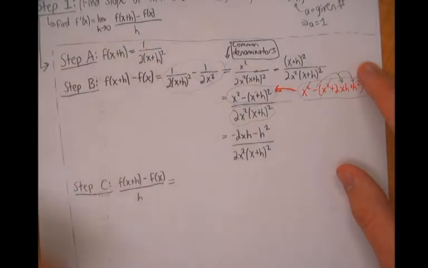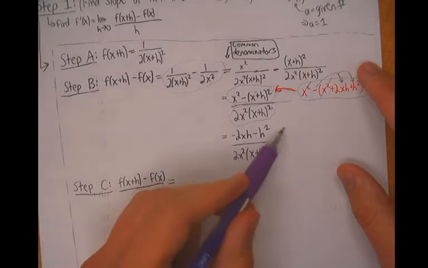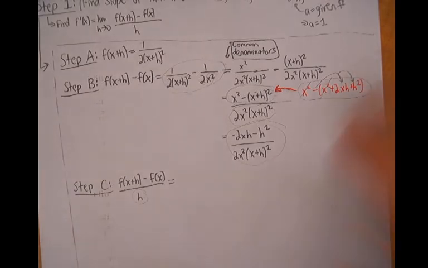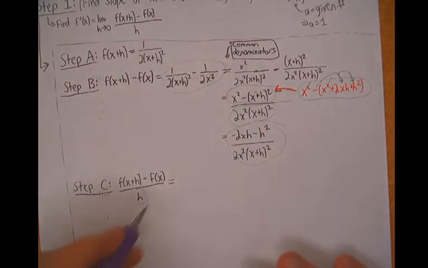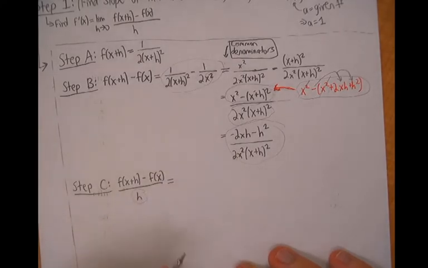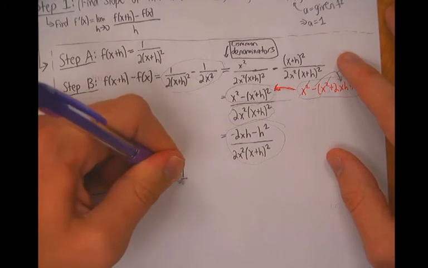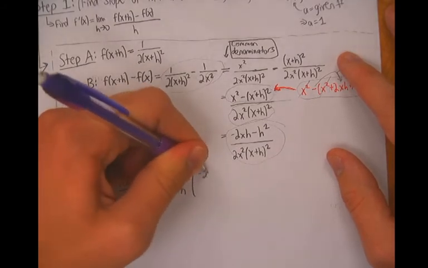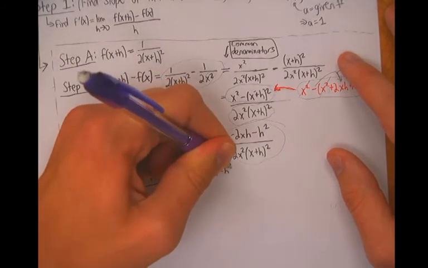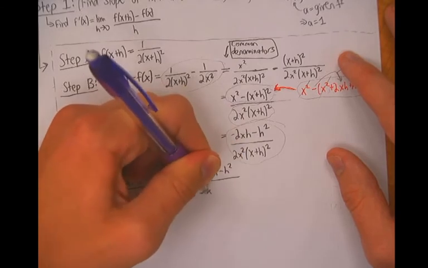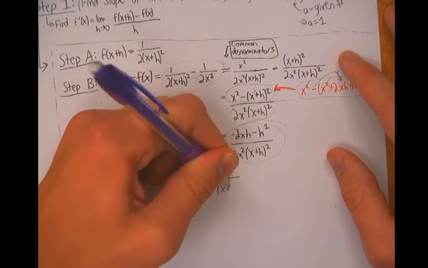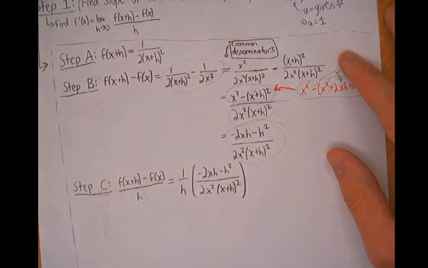So in this case, all we're essentially doing is we're dividing the step B result by h, or equivalently, that's the same thing as multiplying the result from step B by 1 over h. So 1 over h of negative 2xh minus h squared divided by 2x squared times x plus h quantity squared. Okay?